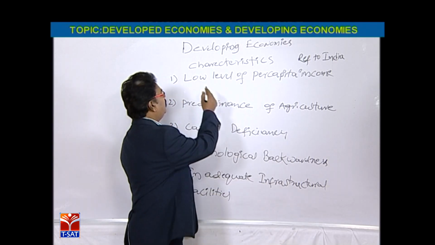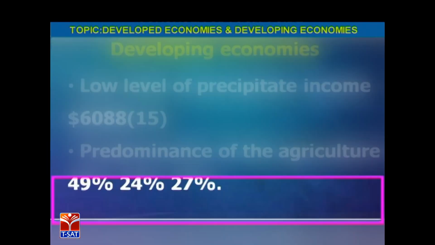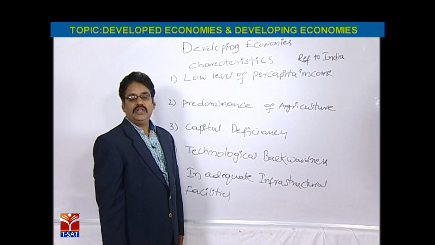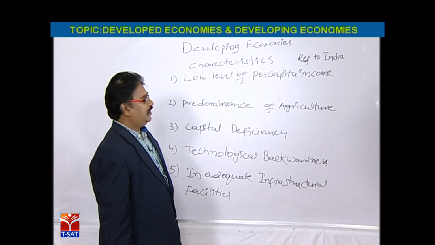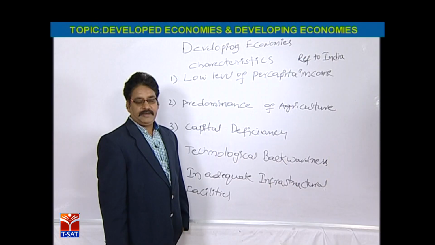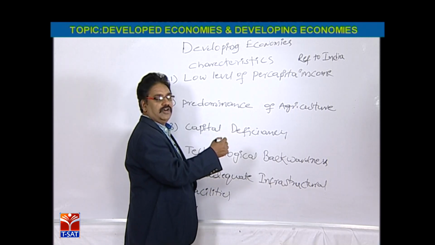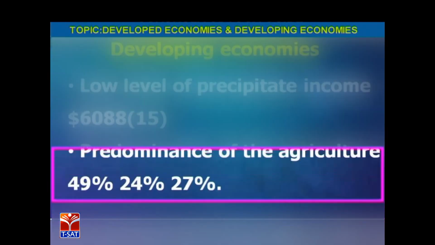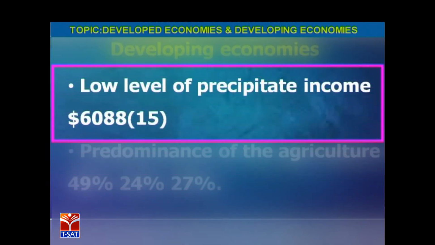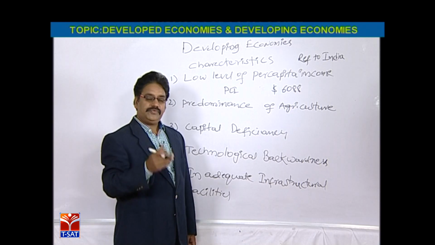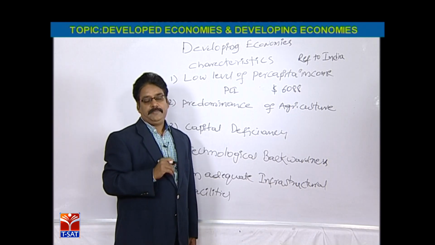What characteristics do we observe in developing economies? The first major one is a low level of per capita income. According to the new World Development Report, our per capita GNI in US dollars, the per capita income of India, is $6,088.